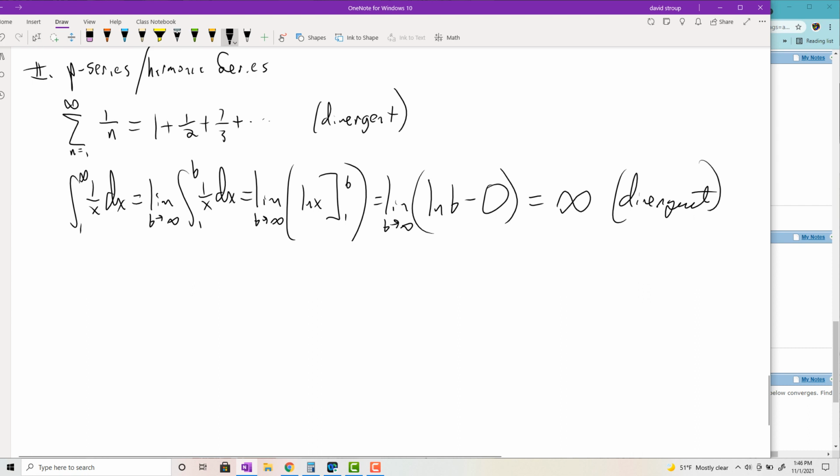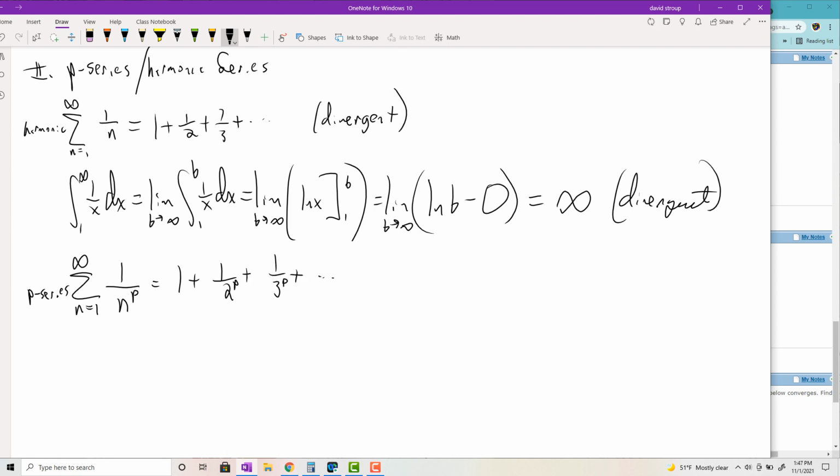In general, then, P series look like what's right here. This first guy is the harmonic series, which you should all know. The second guy is a P series. The P series will be like 1 over n to the p, where p is some constant that does not change. So you'll have 1 plus 1 over 2 to the p plus 1 over 3 to the p plus dot dot dot.